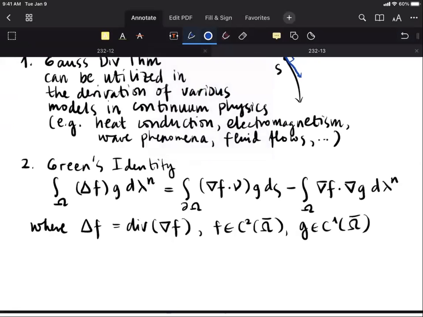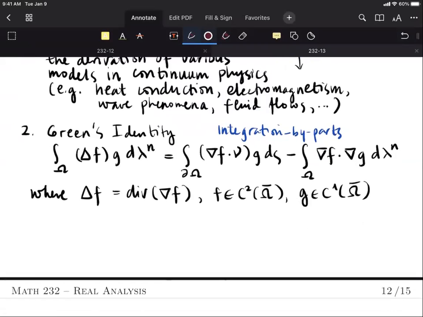And you may think of this as some sort of an integration by parts formula. This Green's identity, in fact this first version, follows from the Gauss divergence theorem. You will prove this in the last exercise of the course.